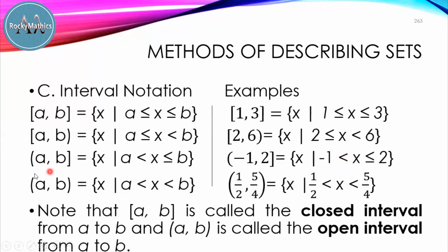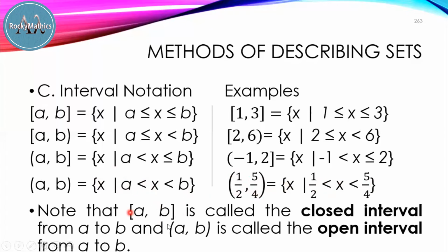How about the case with one open parenthesis and one closed parenthesis on each side? This means x belongs to this set as long as x is strictly less than b but strictly greater than a. For example, 1/2 and 5/4, because we assume that x is in the set of real numbers, so 1/2 could be an element in the set. So x less than 5/4 but greater than 1/2.